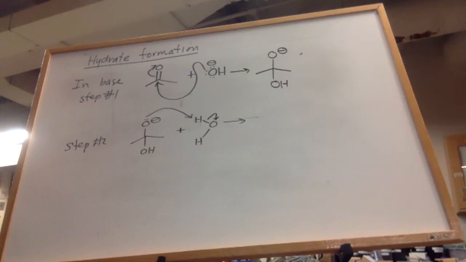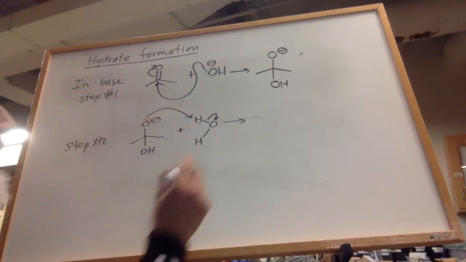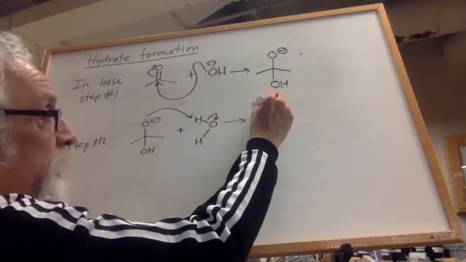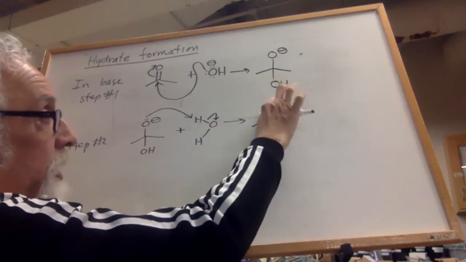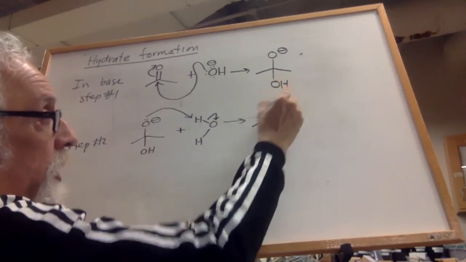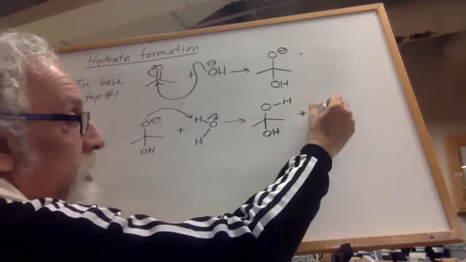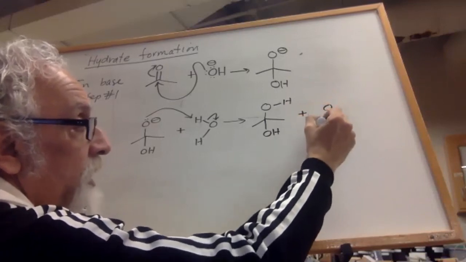This is an acid-base reaction. This is the base. This functions as the acid, and that O minus picks off a proton from water. And there's our hydrate. The other product of this reaction is hydroxide.